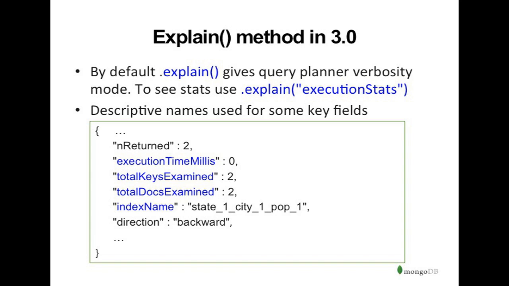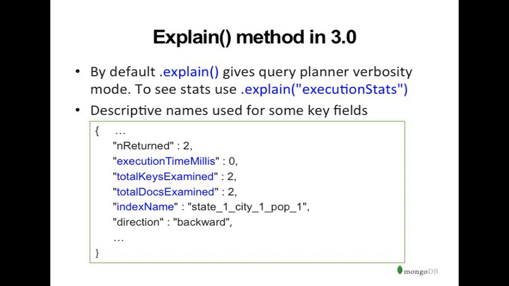Also in 3.0, MongoDB changed the way some of the fields are described in the explain plan output. No more n; you will see an explicit nReturned, meaning the returned documents. The millis becomes executionTimeMillis. The nscanned is now displayed as totalKeysExamined, and nscannedObjects is now shown as totalDocsExamined.